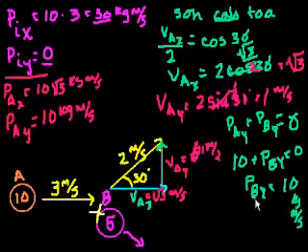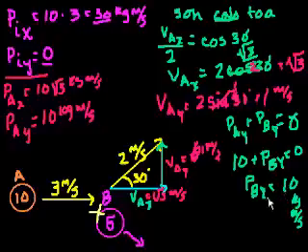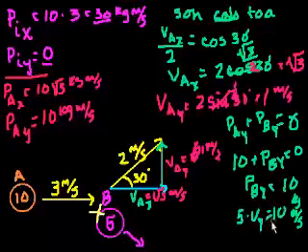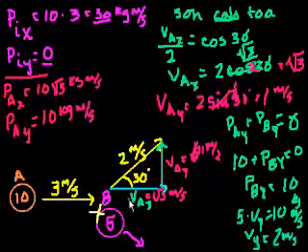So if its momentum is minus 10 in the y direction, what is its velocity in the y direction? Well, momentum is equal to mass times velocity, right? So 5 times the velocity in the y direction, that's its mass, is equal to minus 10. 10 is its momentum. So the velocity in the y direction of B must be 2 meters per second downward. So there we go.